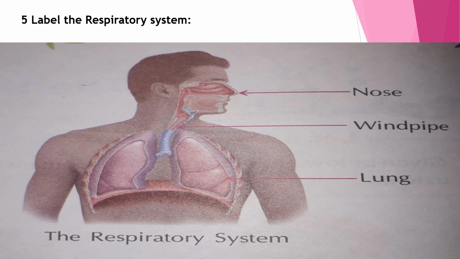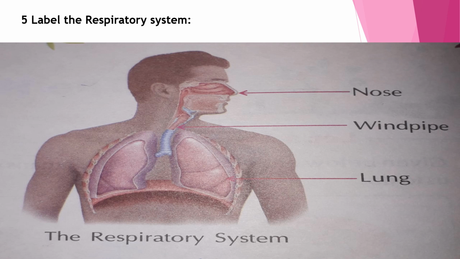Label the respiratory system. Children, here a diagram is given to you and you need to label the important organs of the respiratory system. The first important organ is nose. We breathe in air through our nose. Then second is windpipe. The windpipe is used to transfer the air from our nose to our lungs.